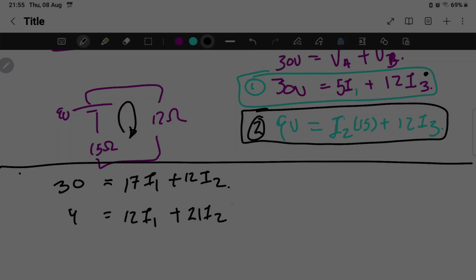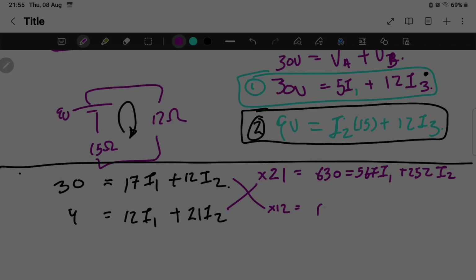Okay, so now we're going to remove I2. And how do we remove I2? We are going to multiply by 21, and we're going to multiply by 12. That gives us 630 equals 567 I1 plus 252 I2.